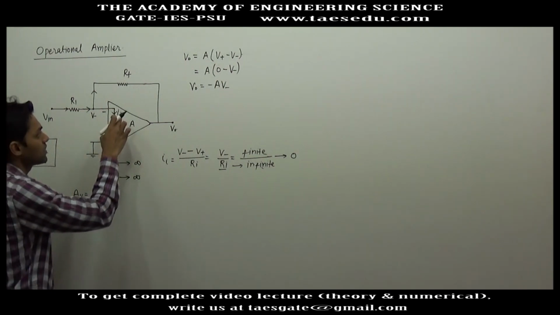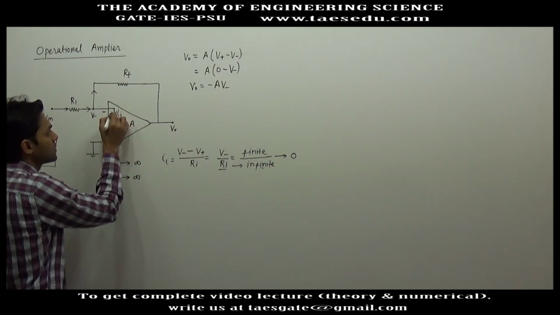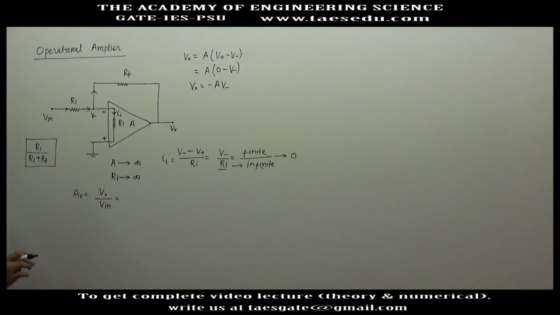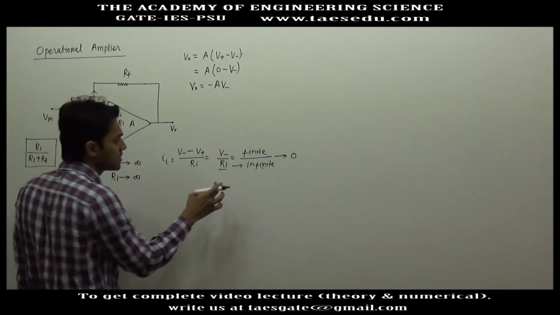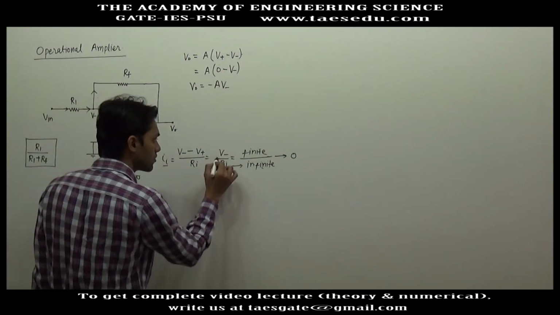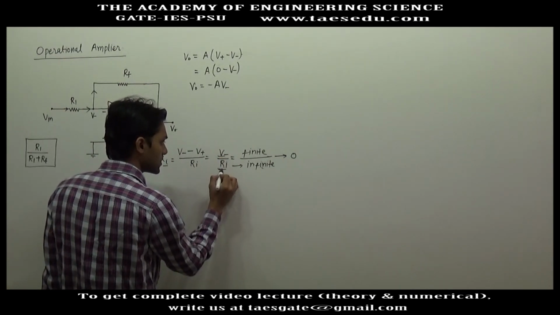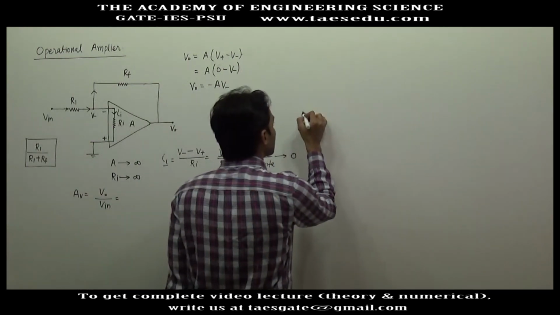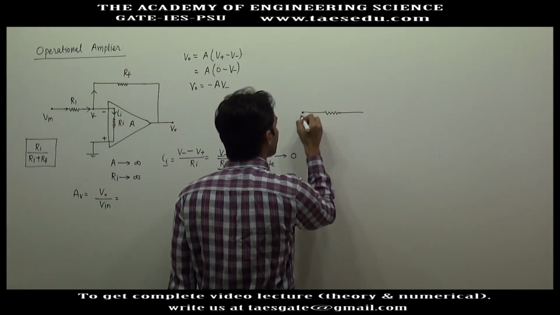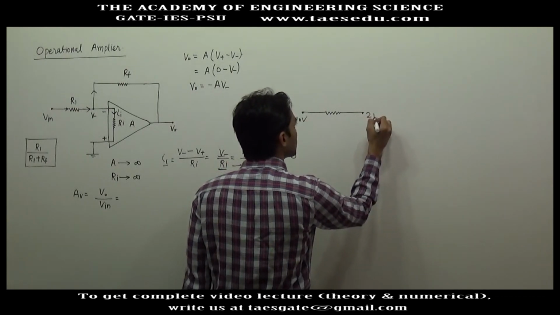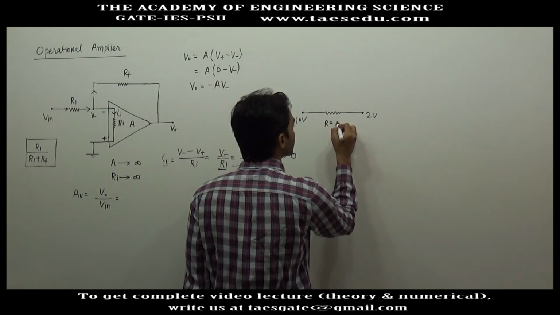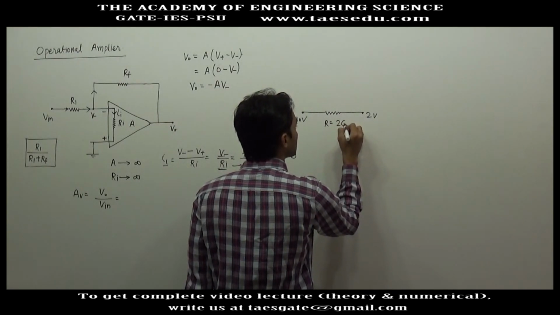Okay. Now if the input current is 0, can you say that these two voltages have to be the same? For now we cannot say that. Even if the input current is 0, it is not because the voltage is 0, but because the resistance tends to infinity. It is also possible that, let's say you have connected 10 volt here, 2 volt here, and resistance is very high, let's say 2 giga ohm.